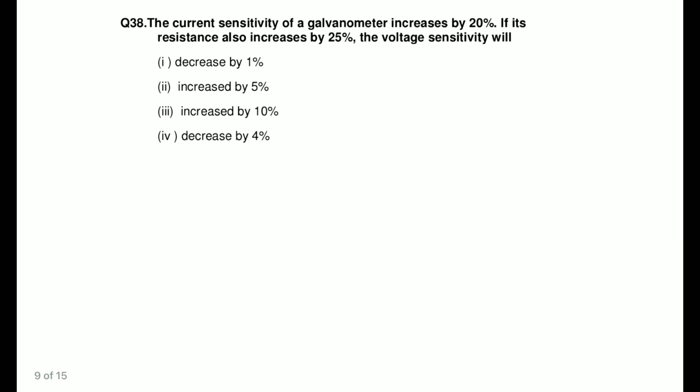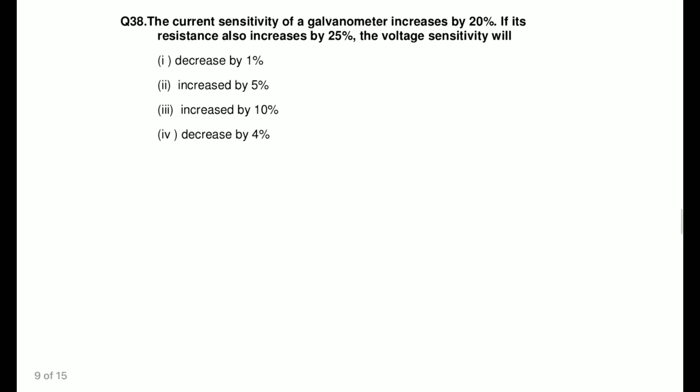Okay, this is the question of current sensitivity. Okay, great. So this is question number 38. Let's try to do this. The current sensitivity of a galvanometer is increased by 20%. If its resistance also increases by 25%, the voltage sensitivity will decrease by 1, increase by 5, increase by 10, decrease by 4%.